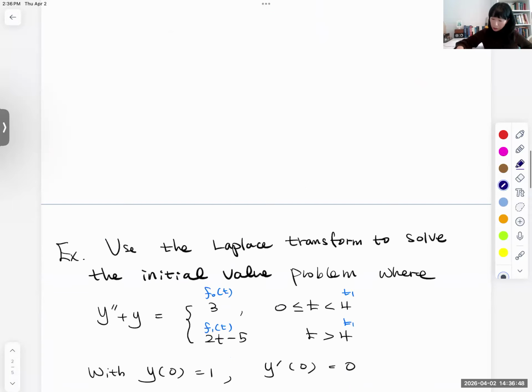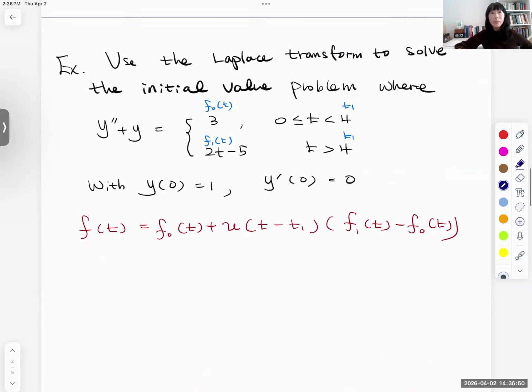Okay, so in the second question we have: use the Laplace transform to solve the initial value problem. We have that piecewise function, with initial conditions y of 0 equal to 1, y prime of 0 equal to 0.